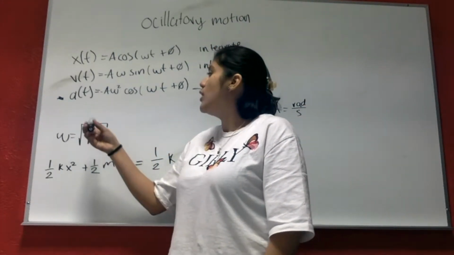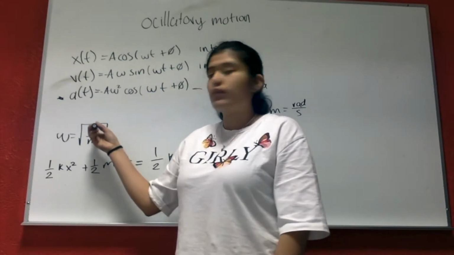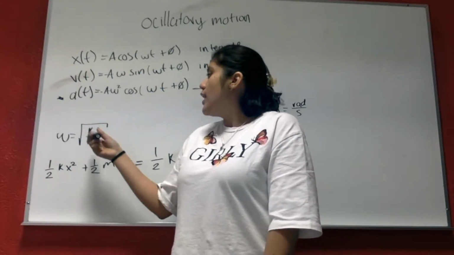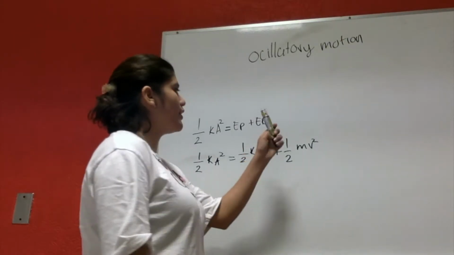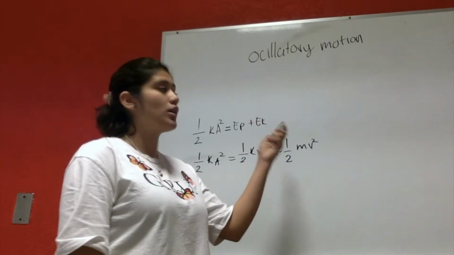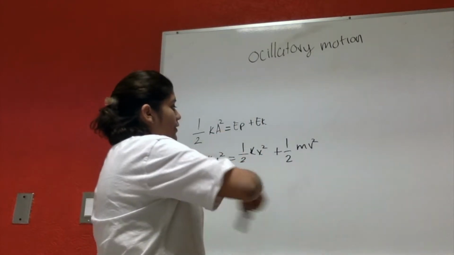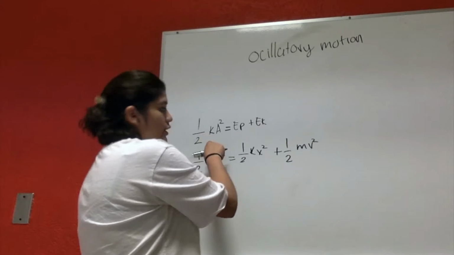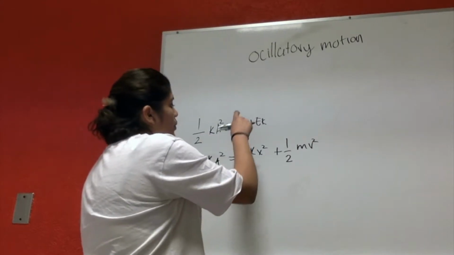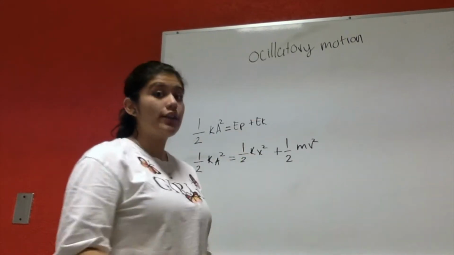square root of the spring constant divided by the mass. And to get K, that is the spring constant, you're going to use the total energy. So you know that total energy is equal to potential energy plus kinetic energy.